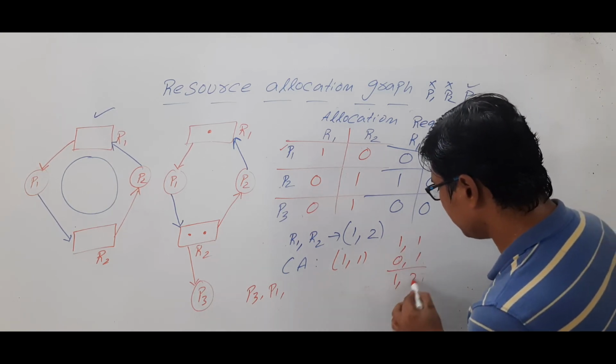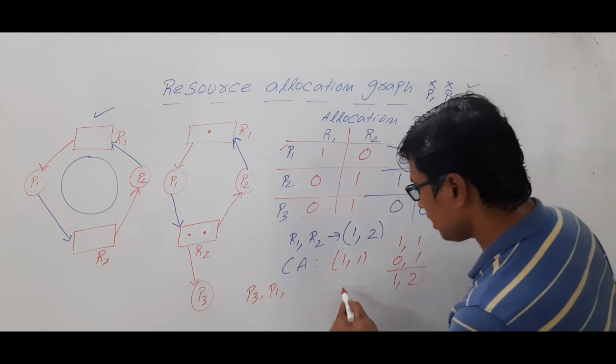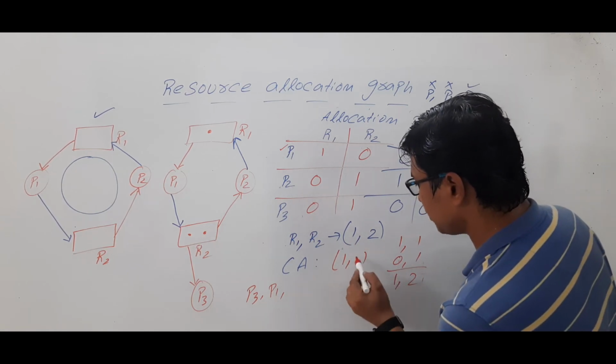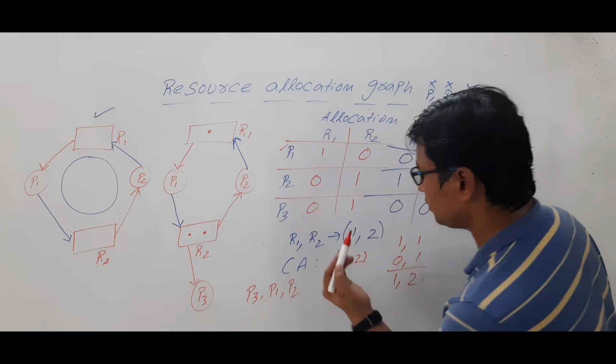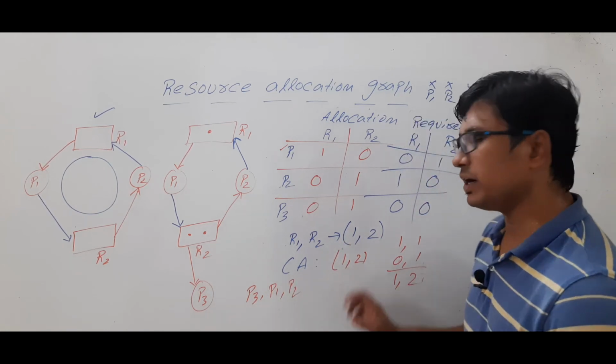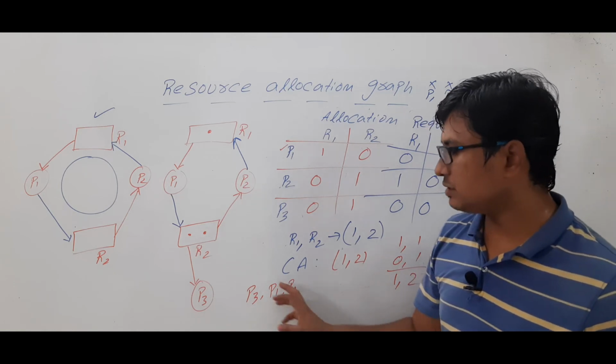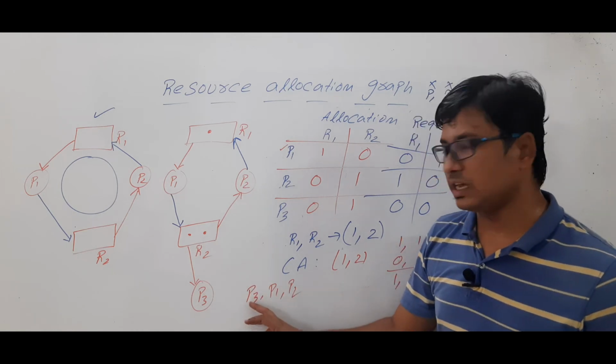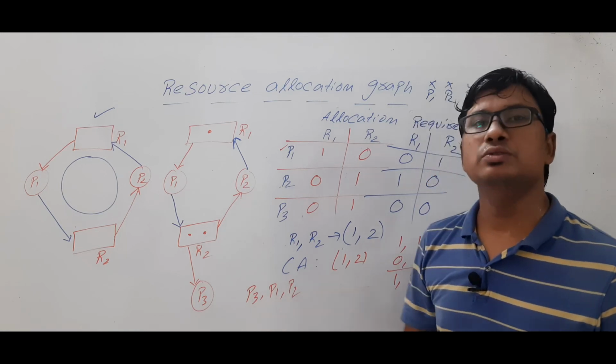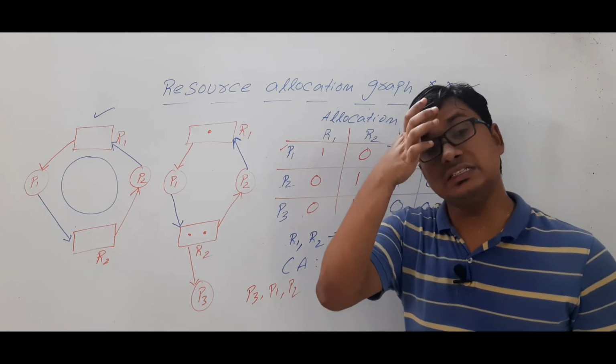So it will be 1, 2. Okay, so after executing the processes P3, P1 and P2, the availability is 1 and 2. Now look at here. We are able to execute all the processes in a sequence as P3, P1, P2. So we can say that the system is in safe state.